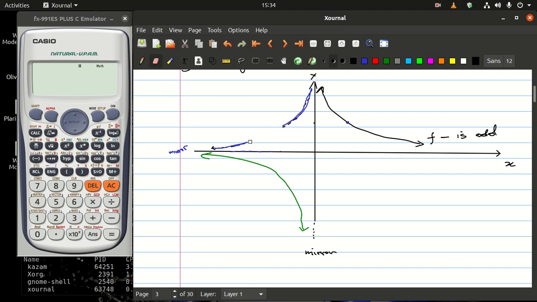So the complete graph, if f is odd, is going to be: you look along the y-axis, you get an image that was here, and then look at the second mirror. This is what you were looking for. The second way to look into this is rotating it by 180 degrees.